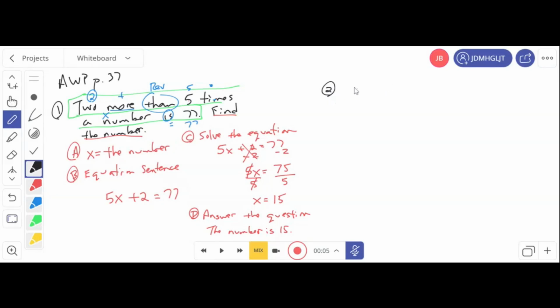Look at problem number 2. It says 5 more than 1/3 of a number is -2.